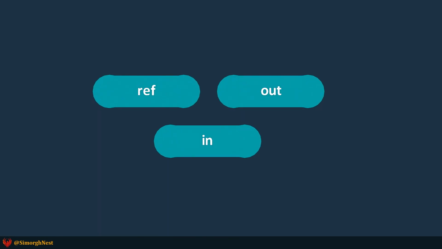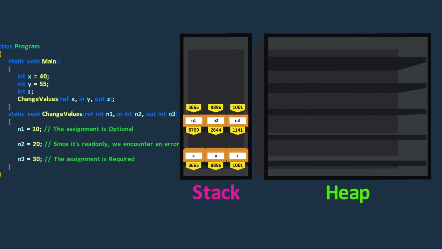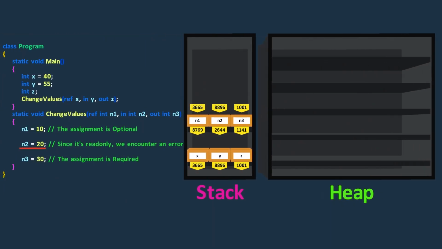In the recent lectures we covered 3 parameter modifiers: ref, in, and out. In summary, we use these modifiers when we want to pass a parameter by reference. We use the ref parameter when we want to allow the parameter to be modified within the method. However, modifying the parameter is optional.